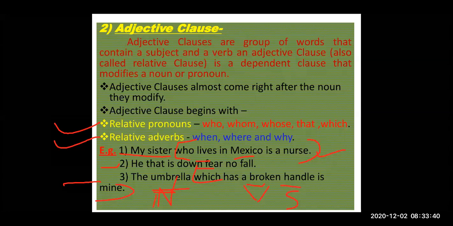Adjective clauses almost always come right after the noun they modify, and they begin with the relative pronouns like who, whom, whose, that, which, and relative adverbs like when, where, and why, and the three examples which we have discussed. Now let's see the next type of dependent clause.